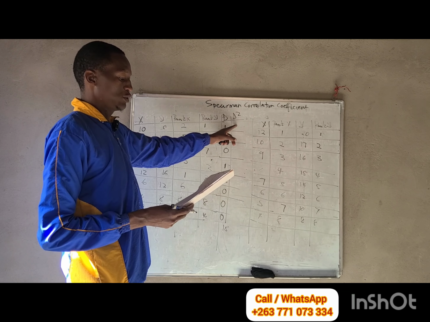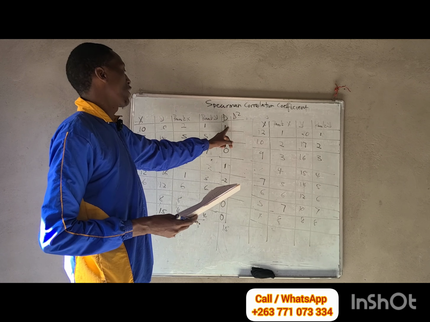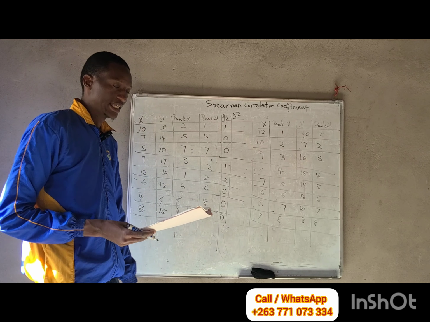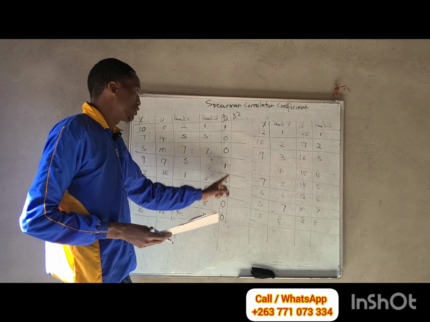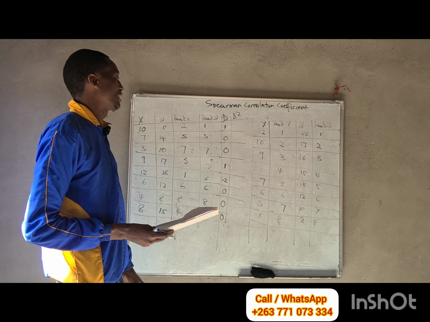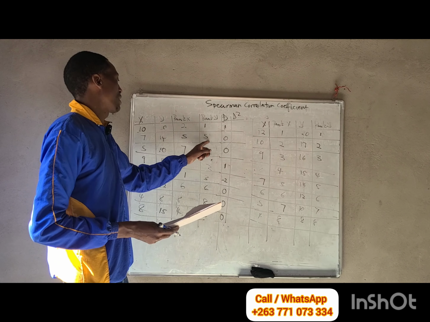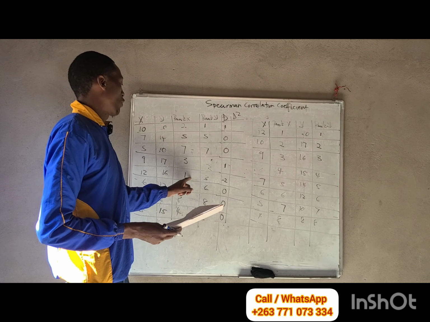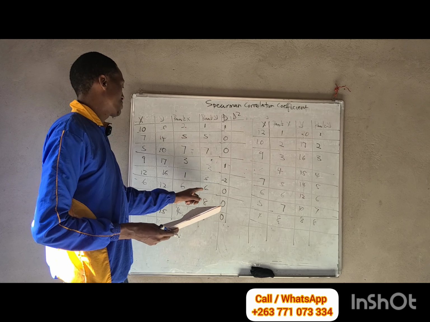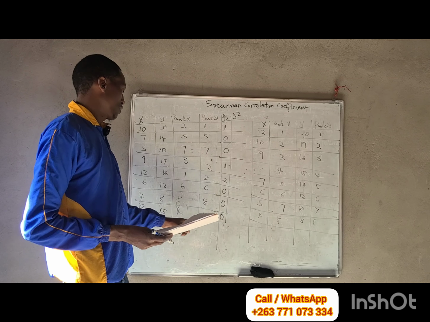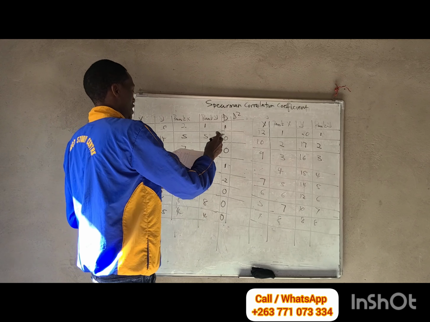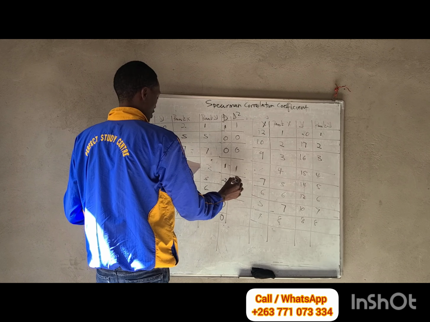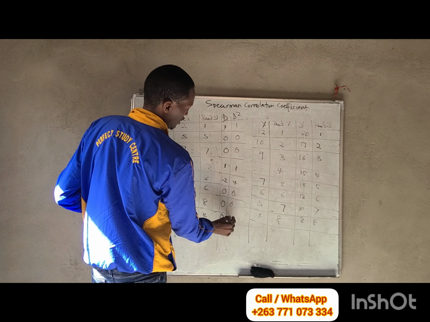D squared, we are going to square these values in order to get rid of the negative. 1 squared is 1, 0, 0, 1, and minus 2 squared is 4, then 0, 0, 0.